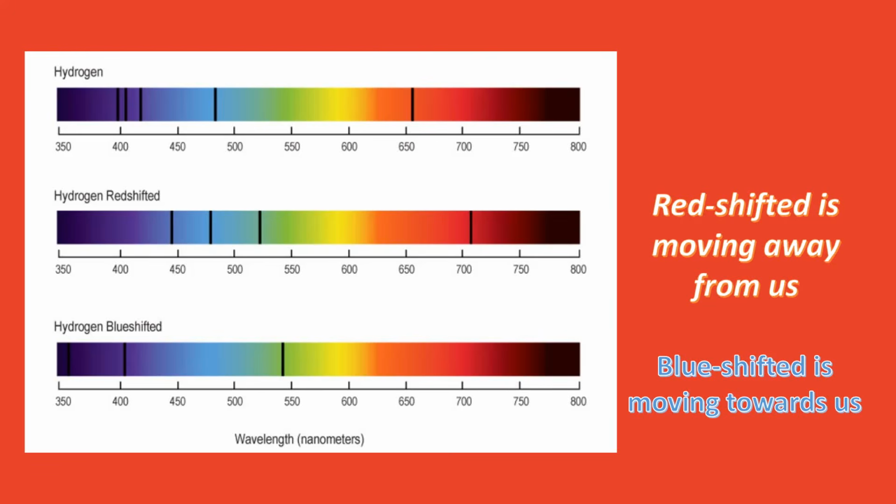It gets more red in colour. Moving away from us, it gets red shifted. If it's moving towards us, then it moves towards the blue side, as you can see from those lines on the graphic.